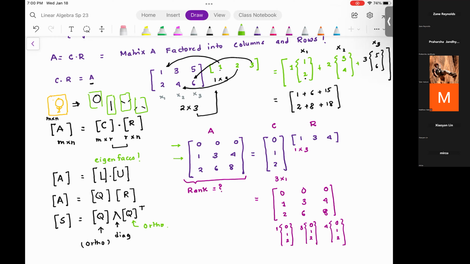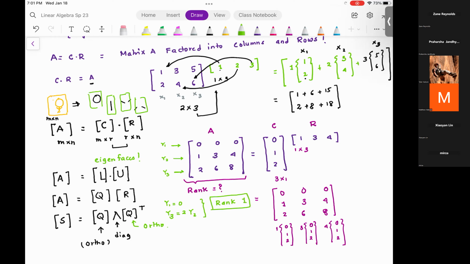The second row is 1. And the third row is 2 times the second row. So y1 is 0, y3 is equal to 2 times y2, which means the only independent row in this entire matrix is 1. So basically the rank is equal to 1.